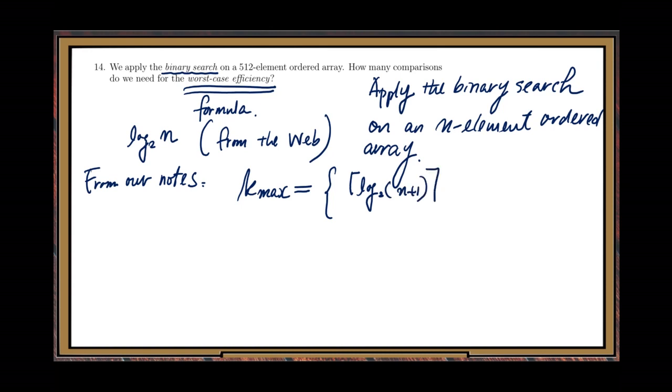The second one is 1 plus the floor function of log base 2 of n. So that's the formula in our notes. So what's the difference? The key difference is here.